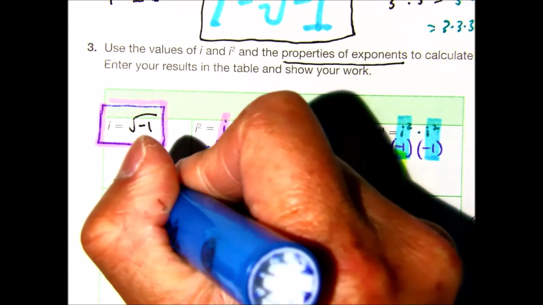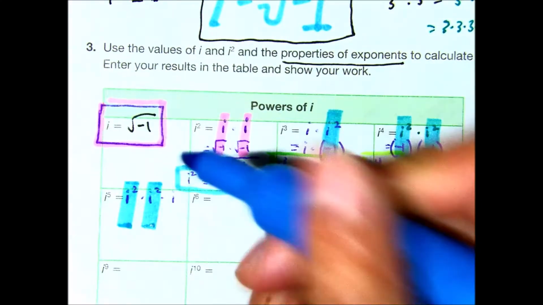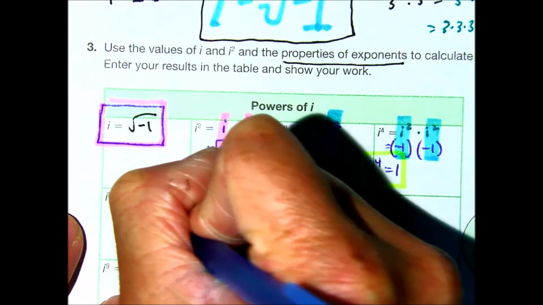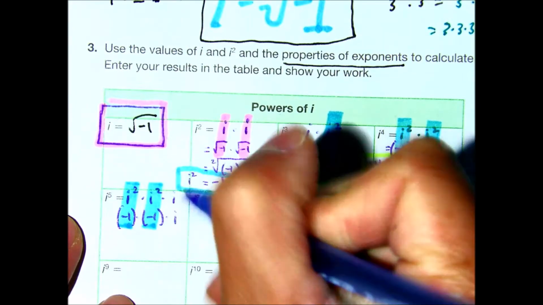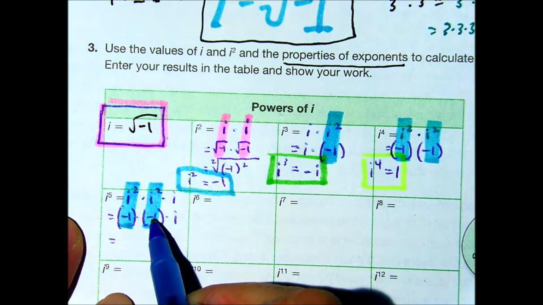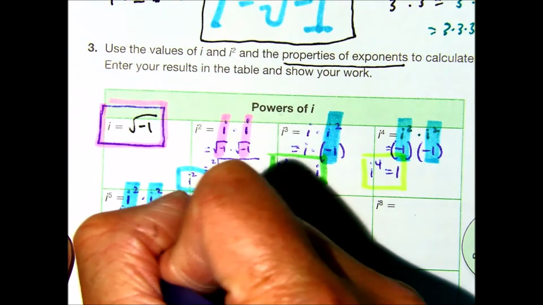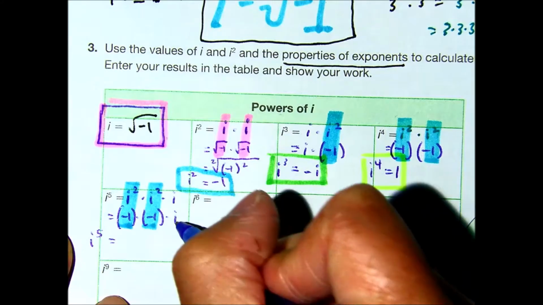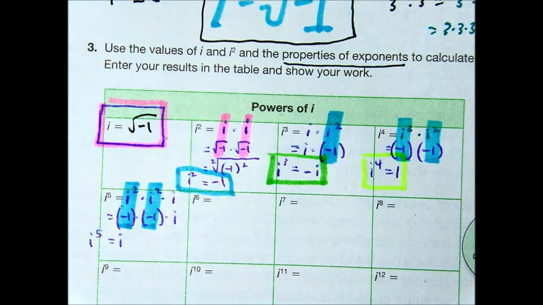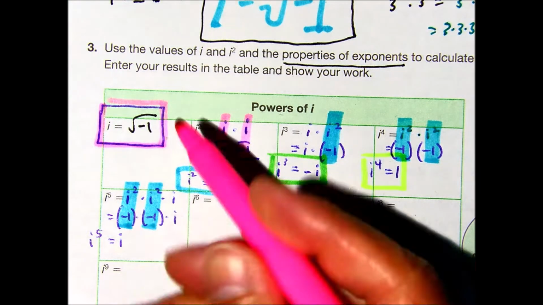So I have negative 1 times negative 1 times i. Isaiah, negative times negative. So i to the 5th power is equal to i. Raise your hand if you got that. All right, let's try the next one. Good job, Isaiah.